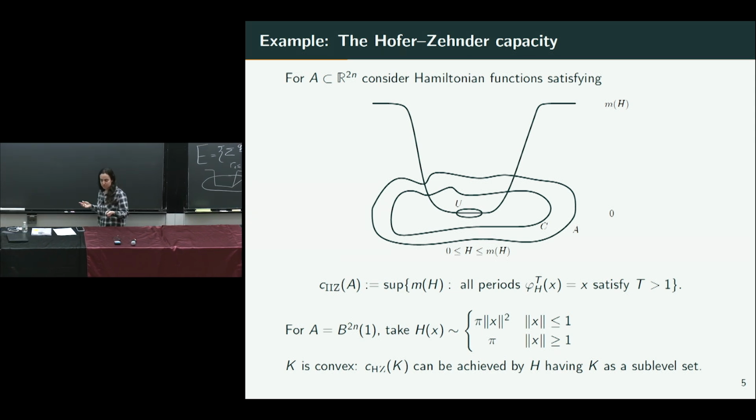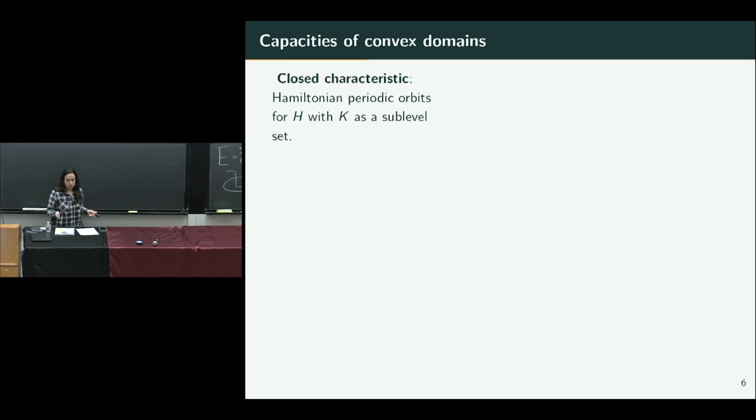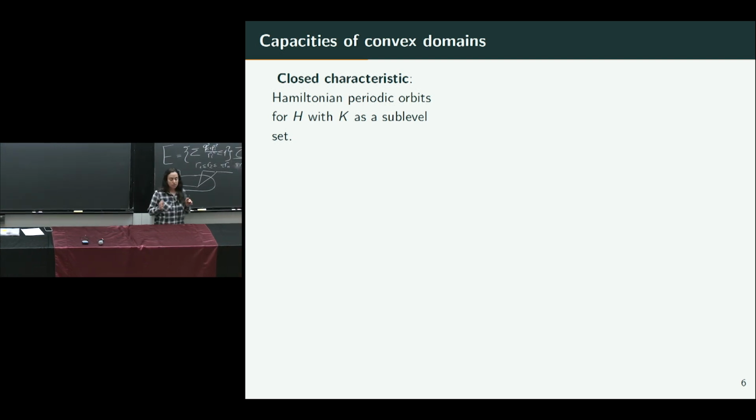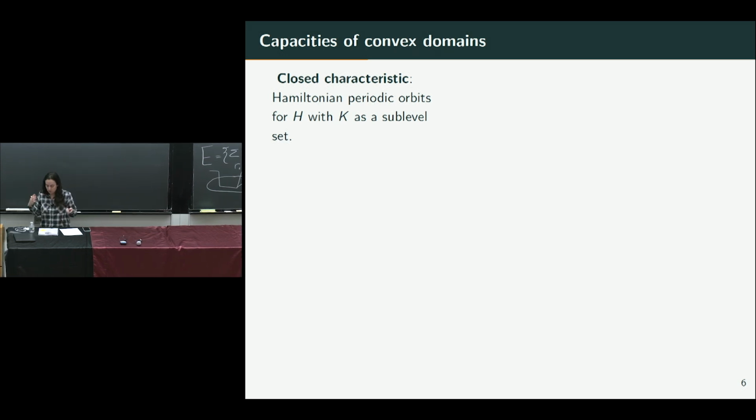Their sub-level sets, which we call closed characteristics, these kinds of objects. So we start now with some convex domain, and we look at the Hamiltonians such that K is a sub-level set of that Hamiltonian. And then we look at the Hamiltonian periodic orbits on the boundary of that domain.